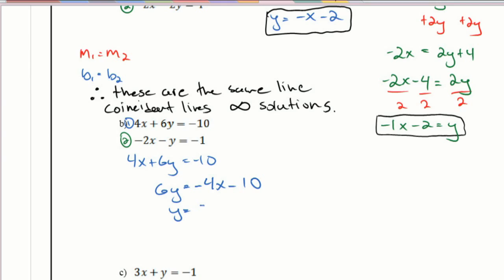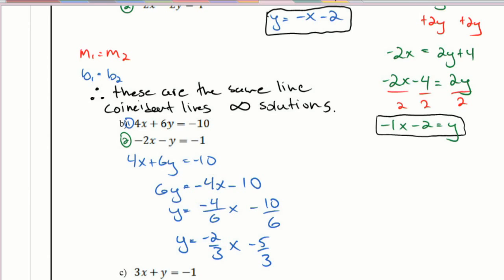Y is equal to negative 4 over 6x minus 10 over 6. I should probably simplify my fractions. Negative 2 over 3x, and then 10 over 6 can be simplified to 5 over 3.